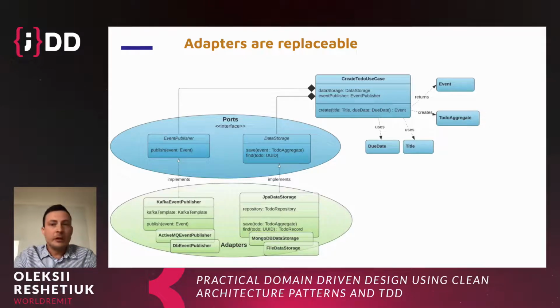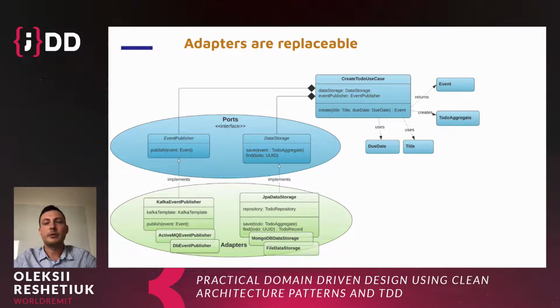And maybe some of you will say, come on, you always will have only one adapter in a real project. And you know what? Actually, I'm ready to refute this statement, because while working at Wordremit, we changed adapters twice. The first case was when we were integrating with the transactional outbox table, saving the Kafka messages inside the database instead of publishing directly to the topic.